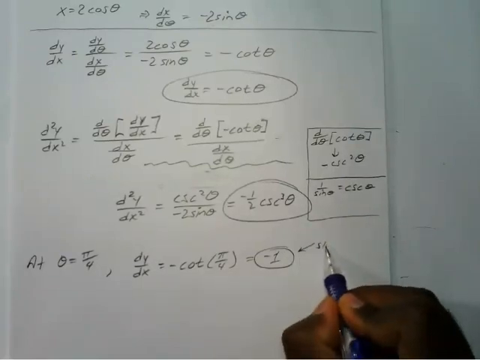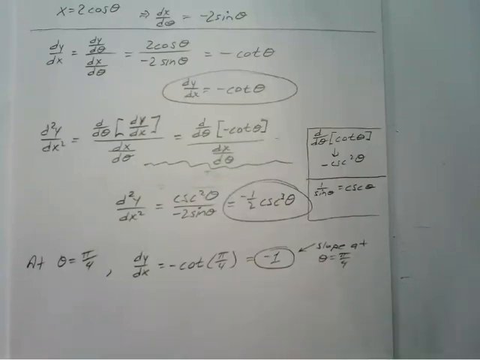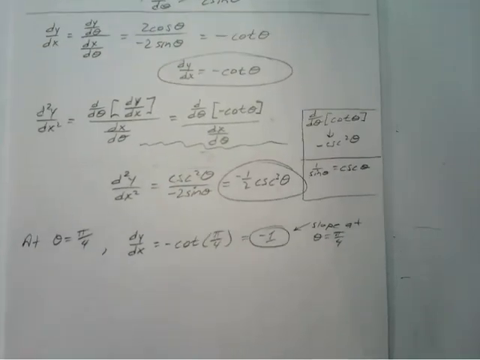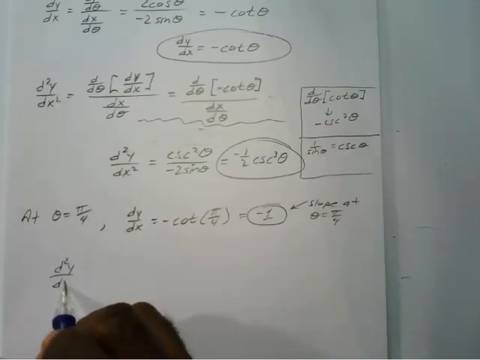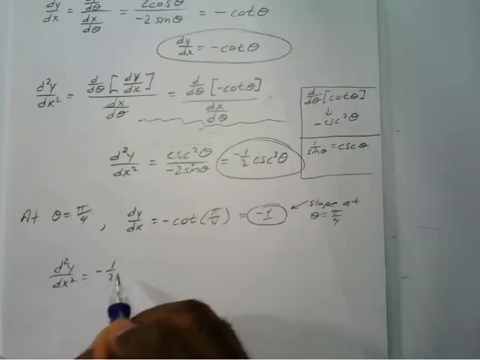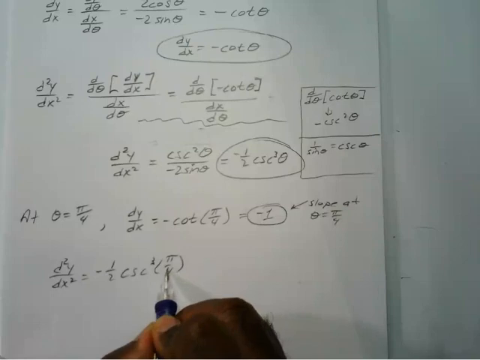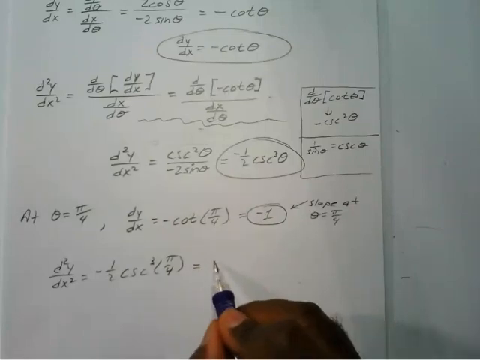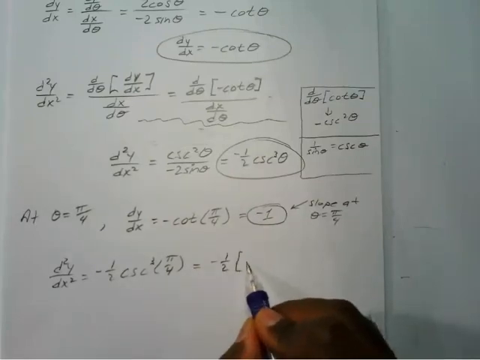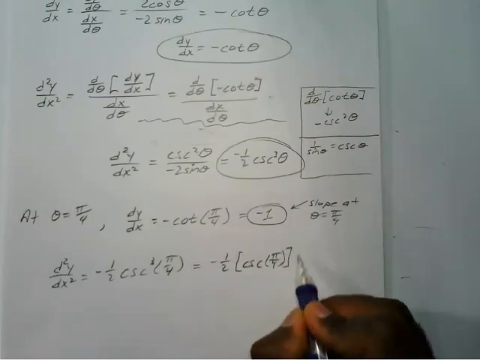So this is your slope at theta equals pi over 4. Now we go to our second derivative and plug it in, which is negative 1/2 cosecant cubed of pi over 4. If you wanted to, you could rewrite this as negative 1/2 times cosecant of pi over 4 to the third power.